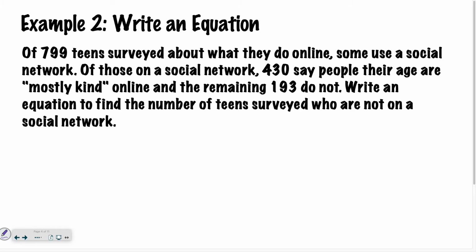So let's figure out what we're trying to do. We're trying to figure out how many teens are not on a social network. So I'm going to use n to represent our variable. It's the number of teens not on social network. Okay, all of your equations are going to involve a variable of some sort.